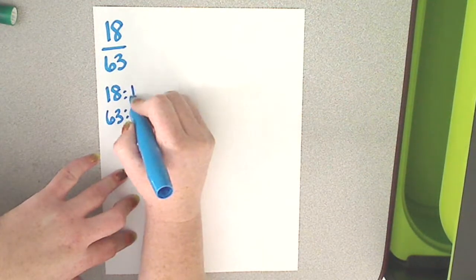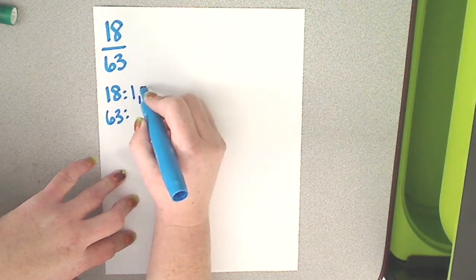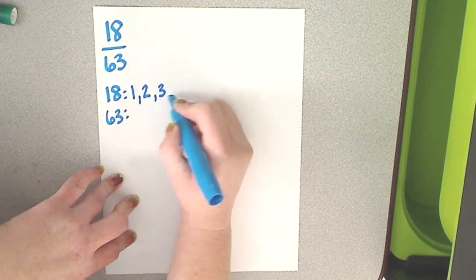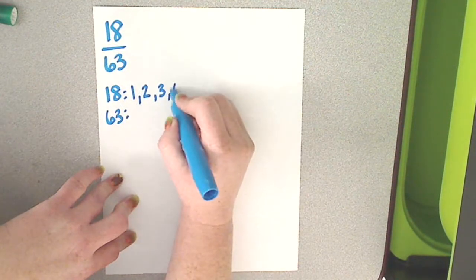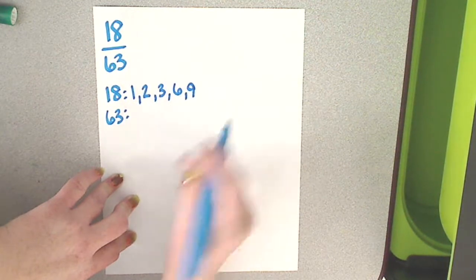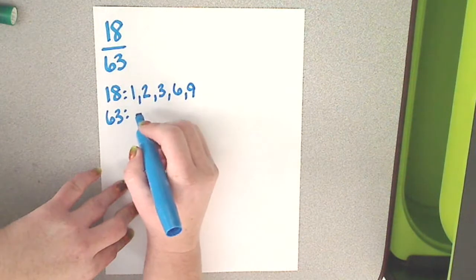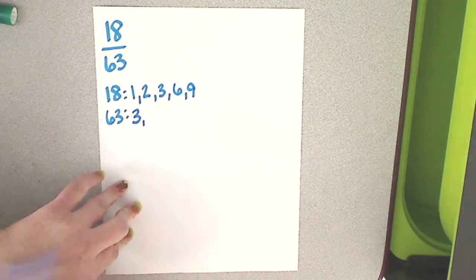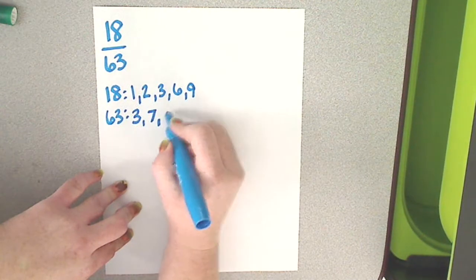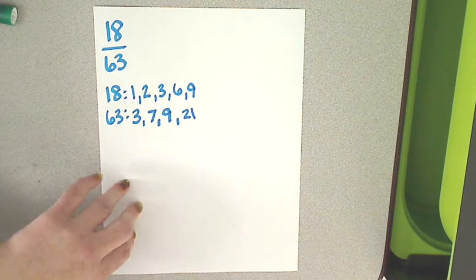I know that 18 times 1 is 18, that 2 times 9 is 18, that 3 times 6 is 18, 6 times 3 is 18, and 9 times 2 is 18. And for 63, I know that 3 times 21 is 63, that 7 times 9 is 63, and that 21 times 3 is 63.